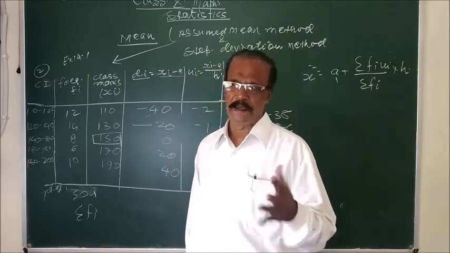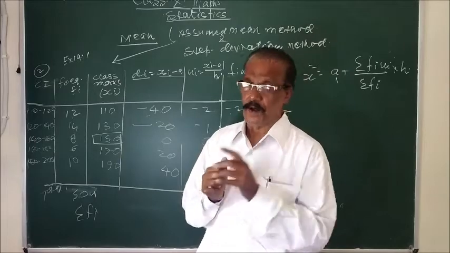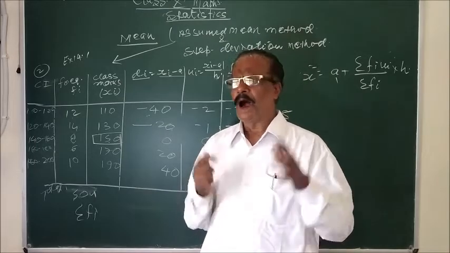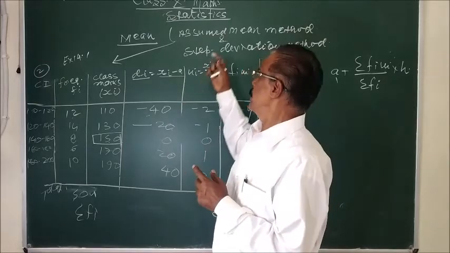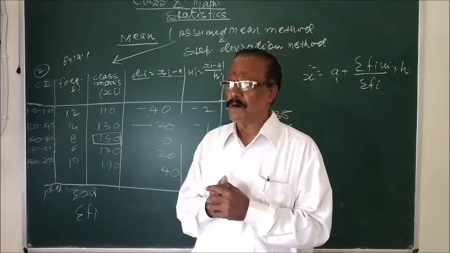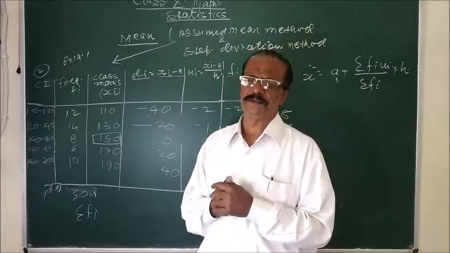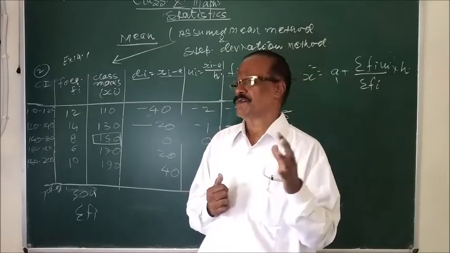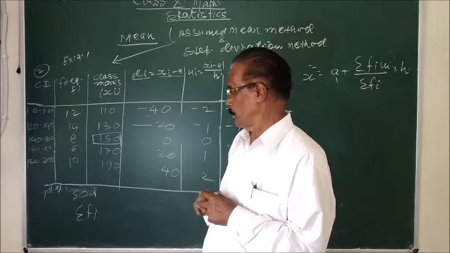Although I have already explained, if the observations are small in number, the direct method is suitable, or if there are a larger number of observations, either assumed mean or step deviation method is suitable. But if the number of observations is large, you will be in deep trouble if you solve by the direct method.